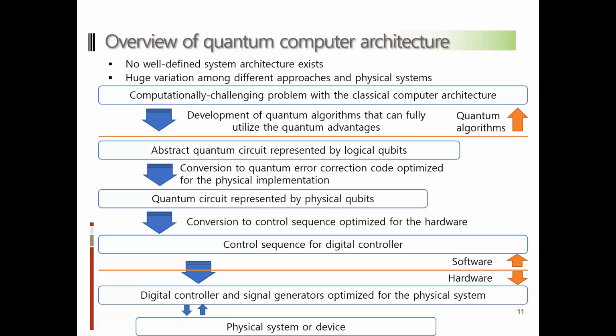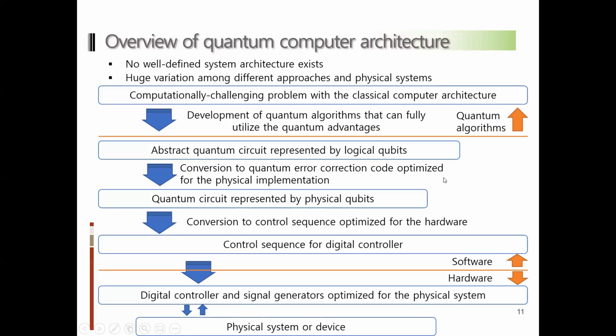And even for the binary symmetric channel, there is no reason why the probability of the flip error should be the same for 0 and 1.